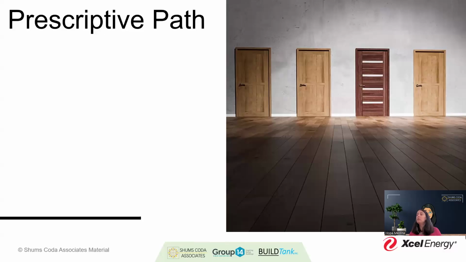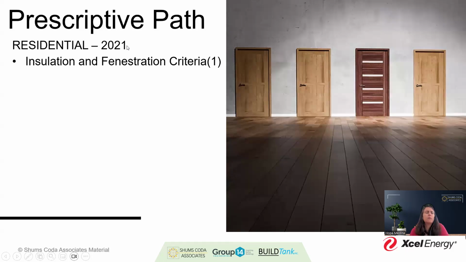But the first thing we truly need to understand is that when we say there is a prescriptive path, that really does entail a lot more than just saying that it's prescriptive, because it truly goes beyond that. Now that one says 21, but it should say 24.